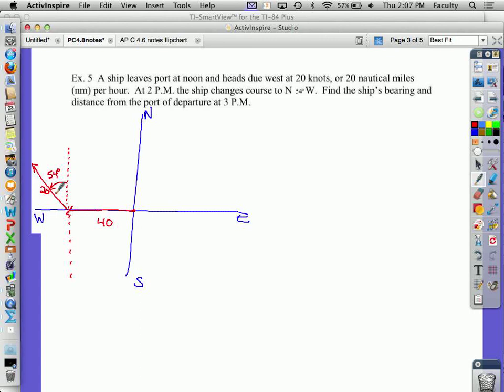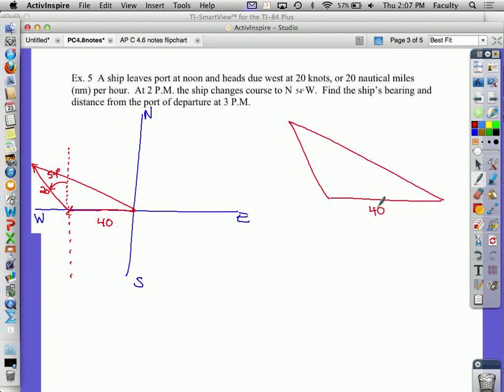And what we want to know is the ship's bearing and distance from the port of departure. So I really want to know from the point of departure, how far is it? So I would need to know this distance of the triangle. And I also need to know, from north, how far west they would need to turn to get to that spot. Okay? So let's draw this triangle separately.